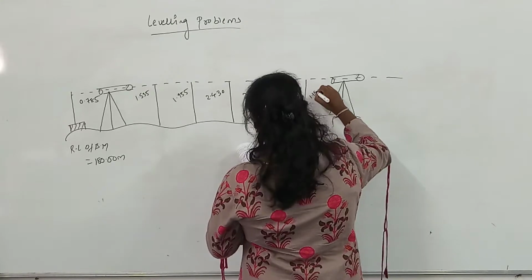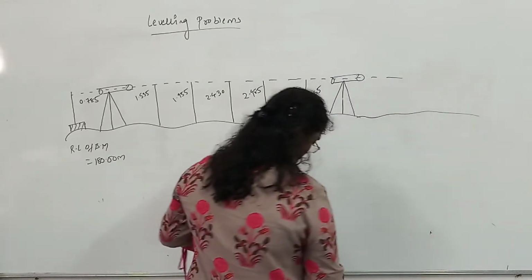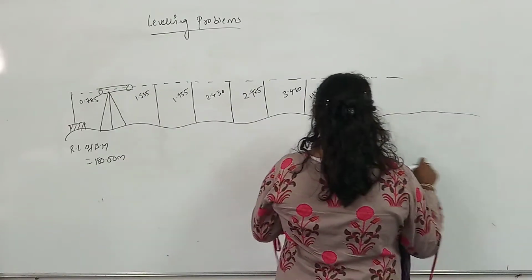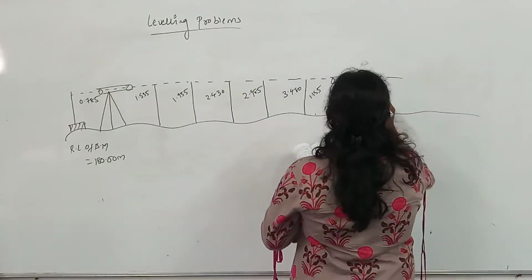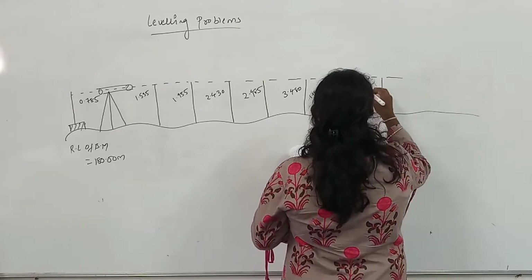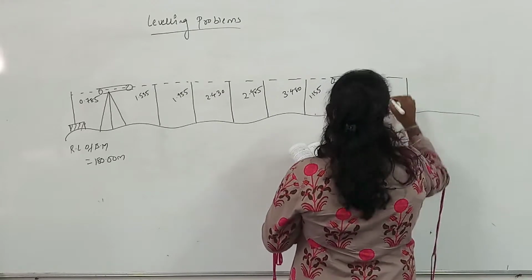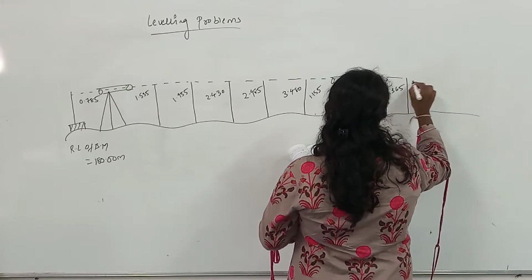Then 1.155. Next value he has given 1.960. Next value 2.365.